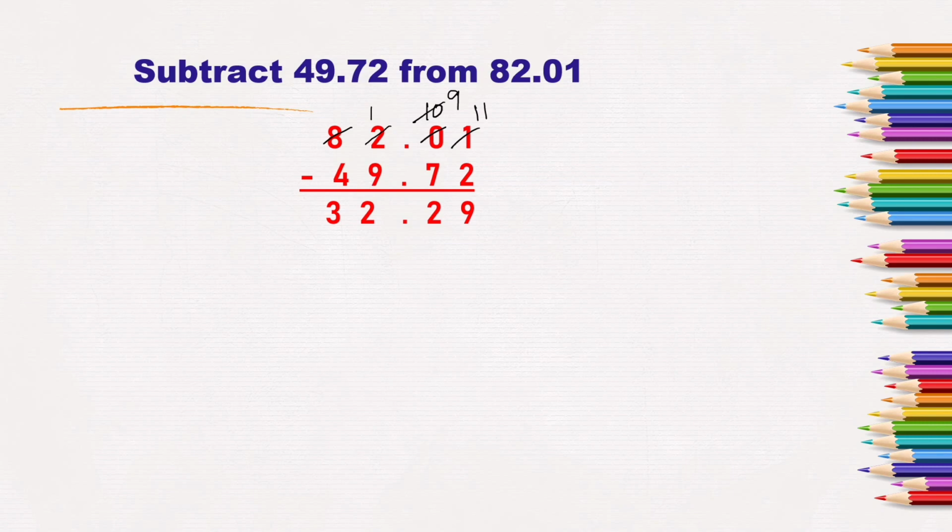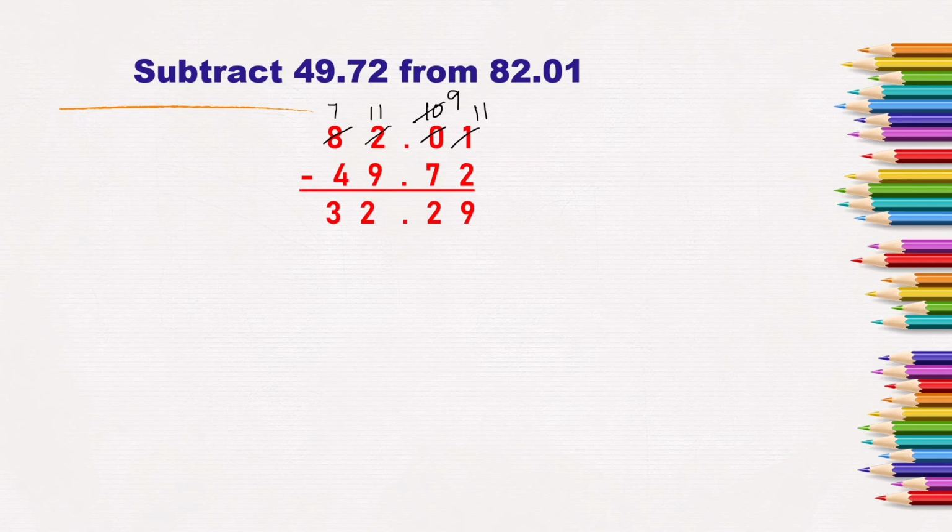So we'll borrow from 8. 8 becomes 7 and 1 becomes 11. 11 minus 9 is 2 and 7 minus 4 is 3. So when we subtract 82.01 minus 49.72, we'll get the difference as 32.29.